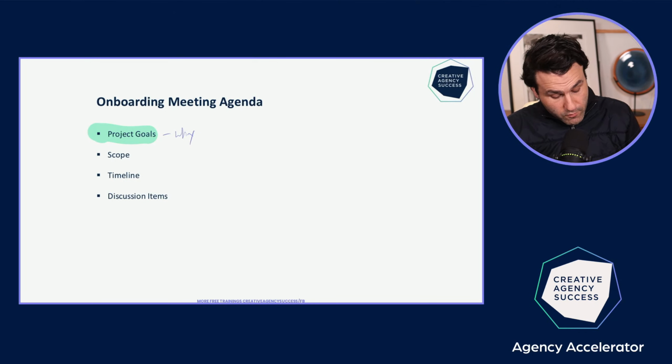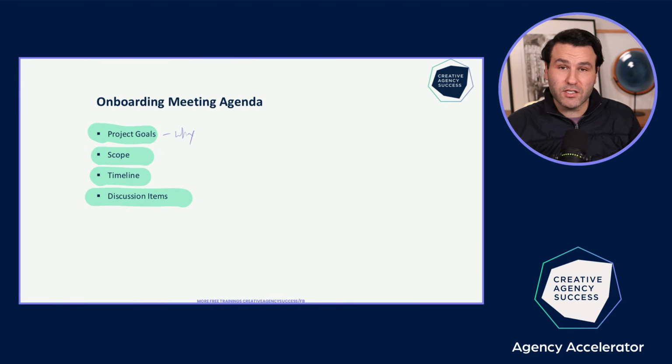The other reason that I see happen very often is that the agency became more of a tactical partner rather than a strategic partner. And if you stay in the strategy end, they have, in a lot of instances, infinite use for you. Then we want to reaffirm exactly what was in the scope for this particular project, what the timeline is, and then any discussion items or needs.